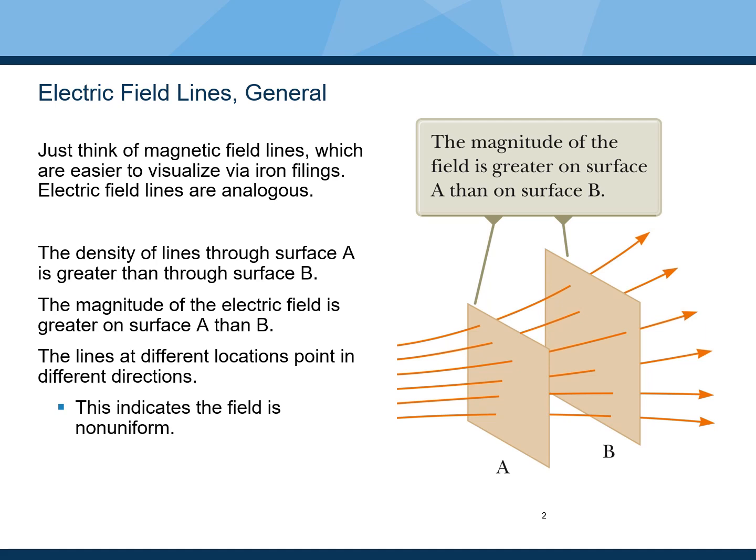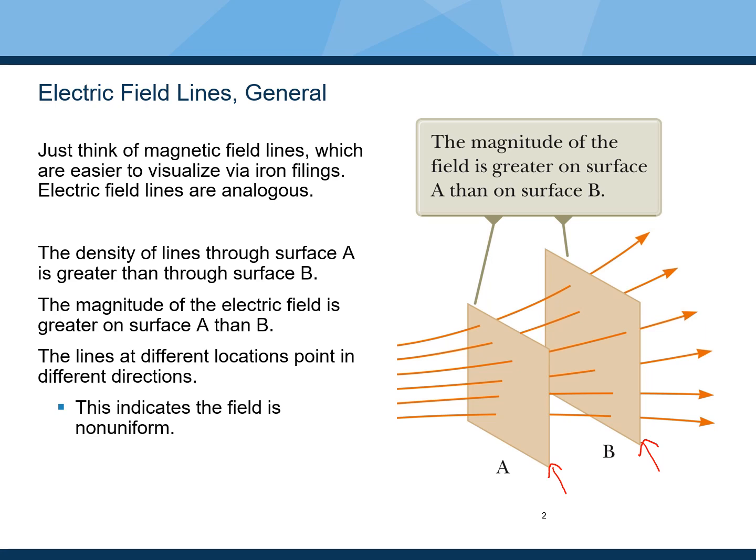We see that we have the same electric field lines crossing the littler sheet A and the bigger sheet B. So where do you think the electric field itself is stronger? The electric field is proportional to the number of electric field lines divided by the area.